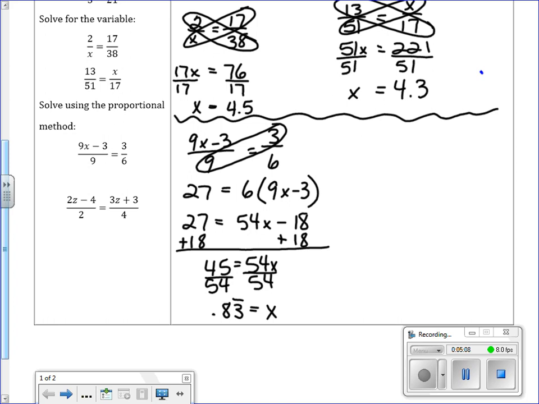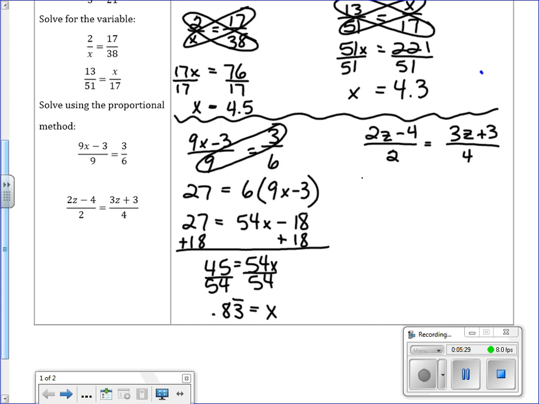Next, I have (2z minus 4)/2 equals (3z plus 3)/4. And again, I want to cross multiply.